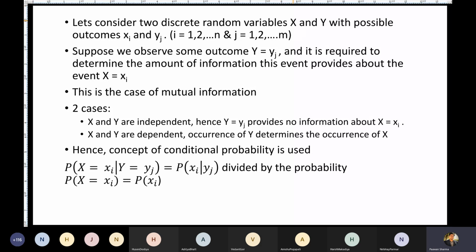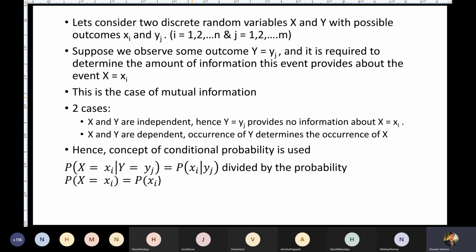Meaning you have two events, two different random variables. One random variable you are observing and you are asked to find out what can be the value of X. When such is the analysis, we call it the case of mutual information. How the occurrence of a particular value in capital Y can give you some information about the occurrence of the values of capital X.